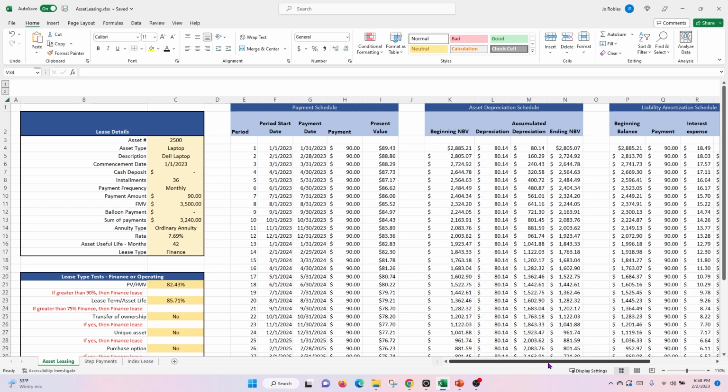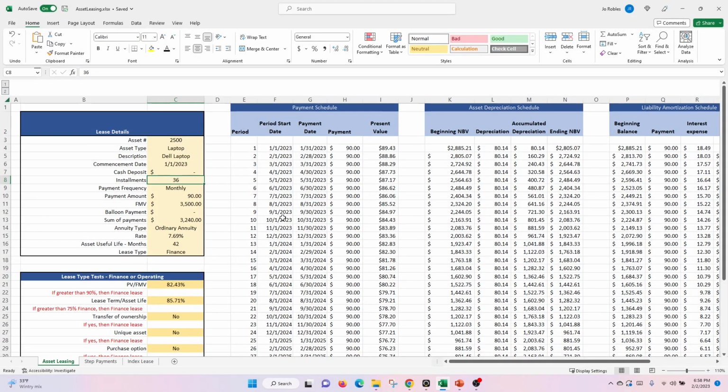So here I have an Excel spreadsheet where I am tracking a lease manually. For our company, we have Dell computers that we lease from Dell, and here is this example. This is a laptop. We know that the commencement date of the lease is January 1st of 2023.